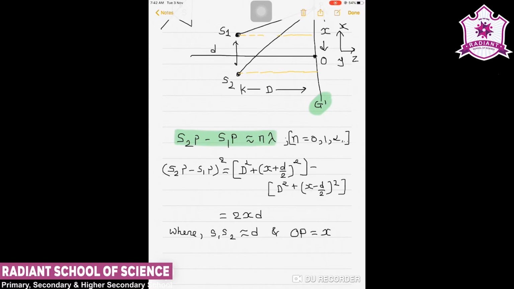Therefore we can say that S2P minus S1P whole square is equal to 2xd.